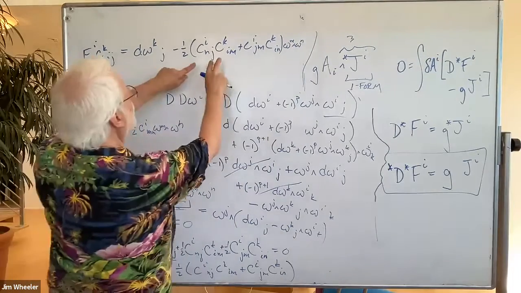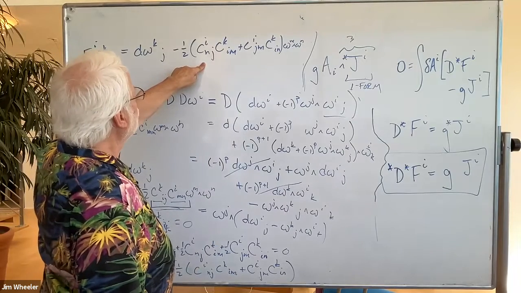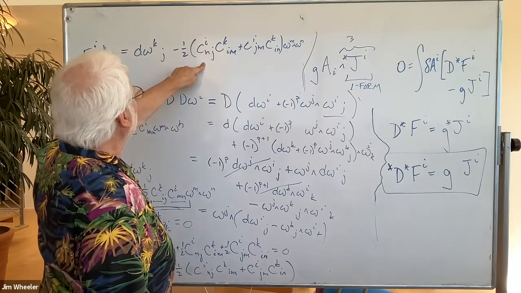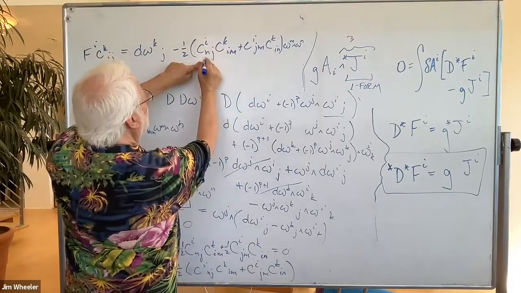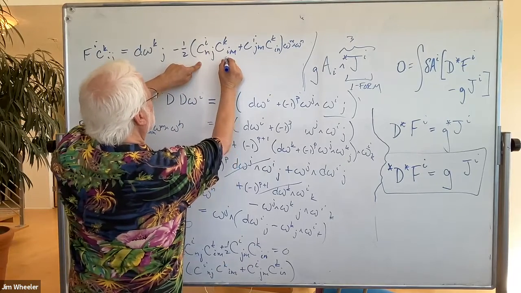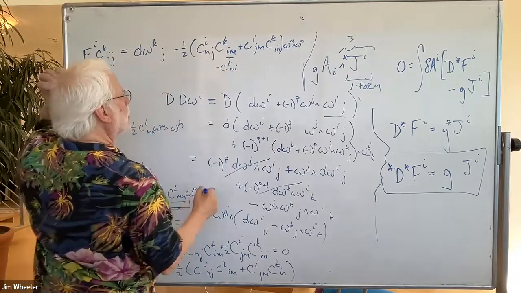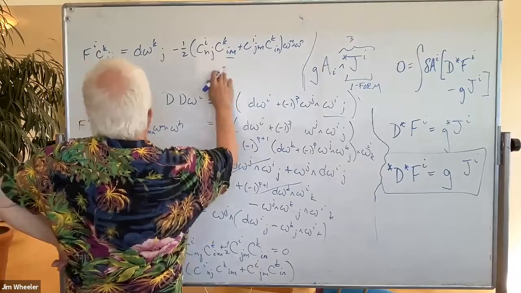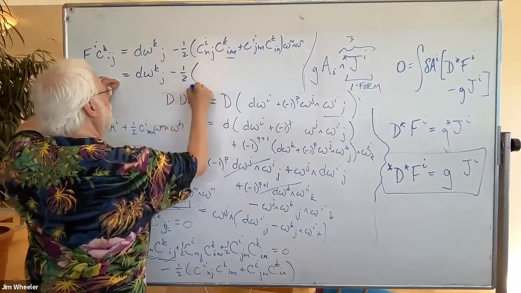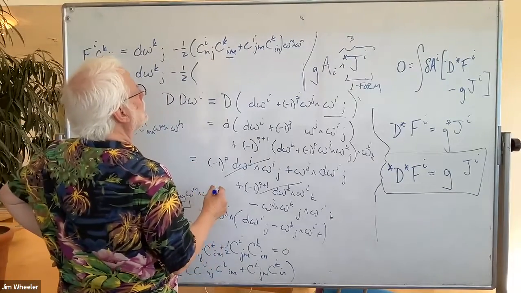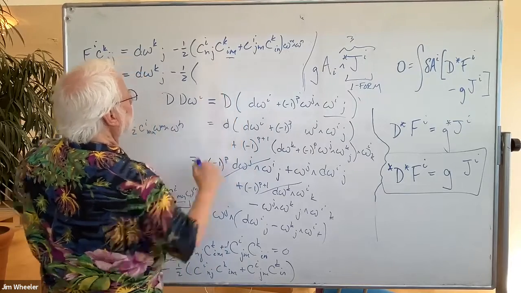Okay, now that combines these two because, let's see, now where do I want the sign here? Right. If I interchange those two, I get a minus C K M I. So I'll just write this again. D omega K J minus 1/2. And now I'm going to put the M and the N both in the center.